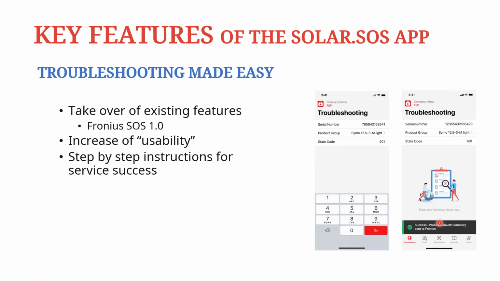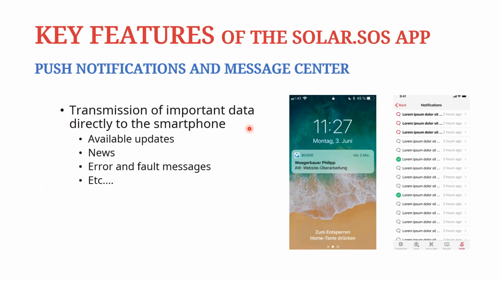Once you have fully troubleshot and the issue is completely settled, you can get a report sent back to Fronius to inform tech support that the recommendations given in SOS have assisted for that particular case that you are resolving.